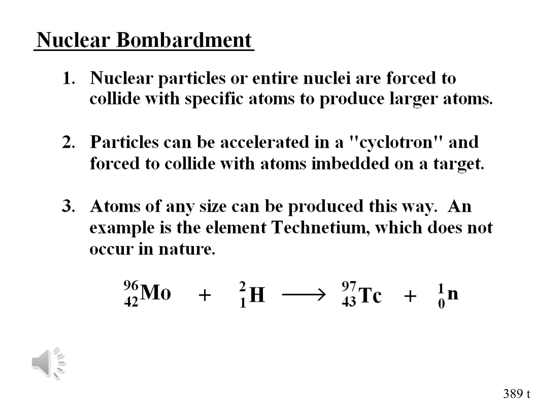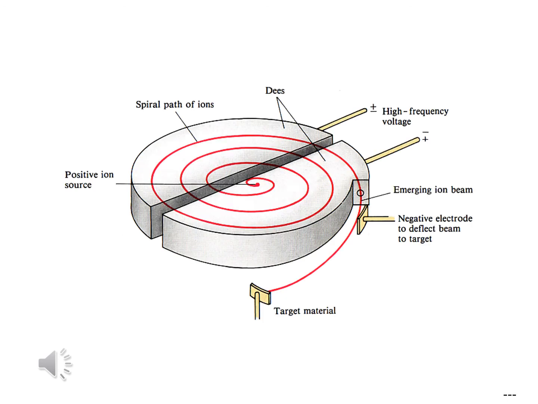The thing is that to make the bigger ones, they do it in a device called a cyclotron, or a particle accelerator. This is a schematic of one, and what they do is put a smaller element on a target, and then they accelerate another nucleus in the cyclotron.